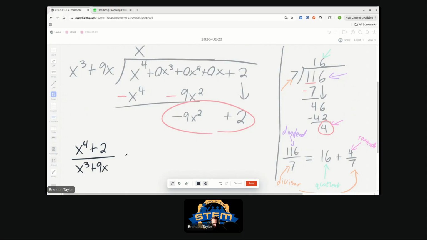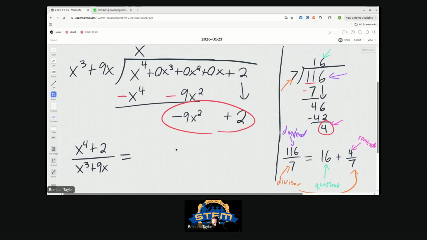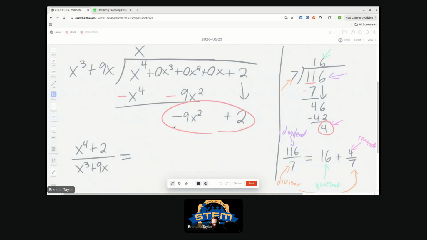It's just more complicated, but everything's the exact same is my point. Digits become terms. So instead of digits, they're terms in a polynomial. So here, what does that equal? It equals the quotient, which we said is x, plus the remainder, which we said is negative 9x squared plus 2, divided by the divisor, which is x cubed plus 9x.